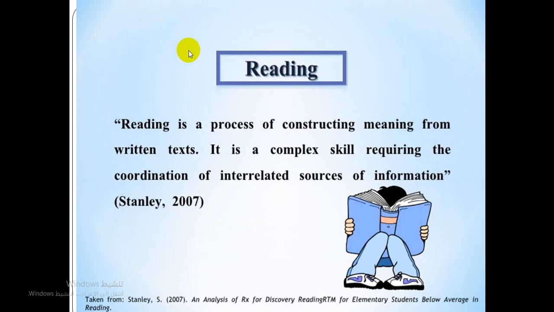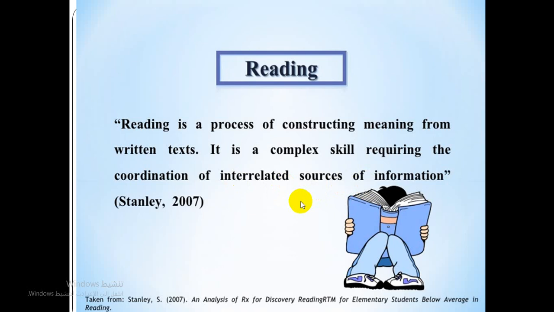Here, if I ask you, what is reading? Reading is a process of constructing meaning from written text. It is a complex skill requiring the coordination of interrelated sources of information.